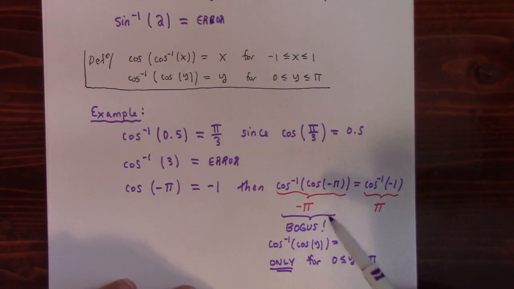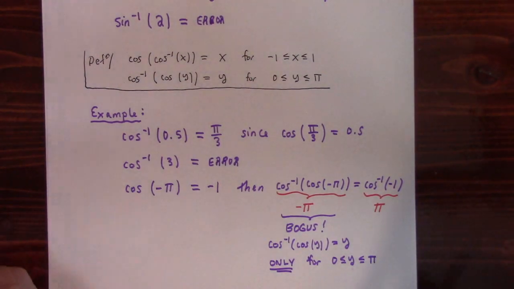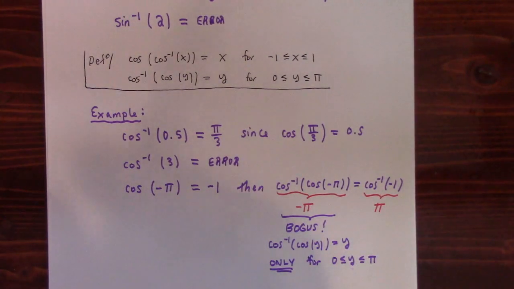And of course, minus pi is not in here, so we shouldn't expect that to happen. We got to watch out. We got to remember what inverse cosine does. It always gives us back an angle between 0 and pi, all right?